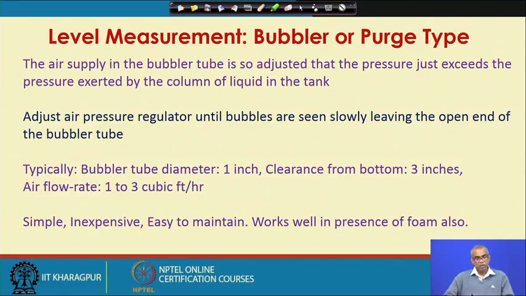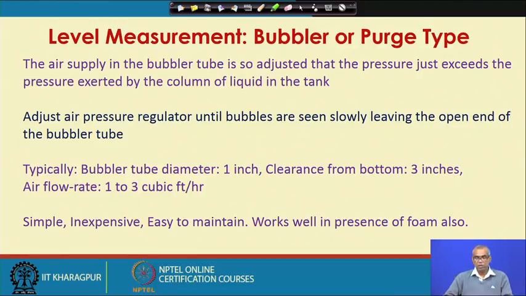So, for the bubble to escape, its pressure must just exceed the pressure exerted by the column of the liquid in the tank. So, adjust the air pressure regulator until bubbles are seen slowly leaving the open end of the bubbler tube.